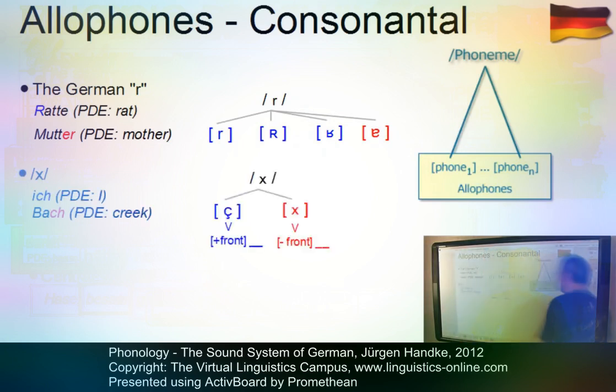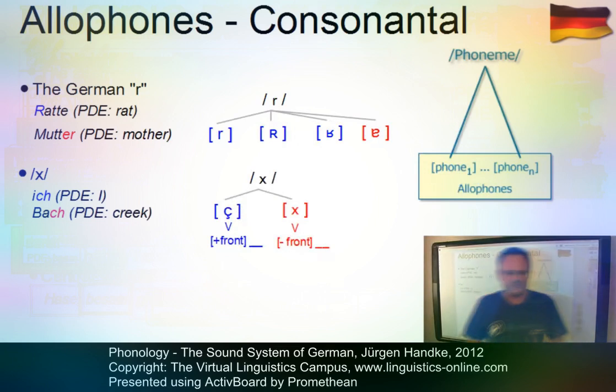An interesting phoneme which is often used as an example of complementary distribution is the phoneme that has the two allophones ch and ch. As in ich, where the palatal fricative occurs after a front vowel, and Bach, where the velar fricative occurs after a back vowel.